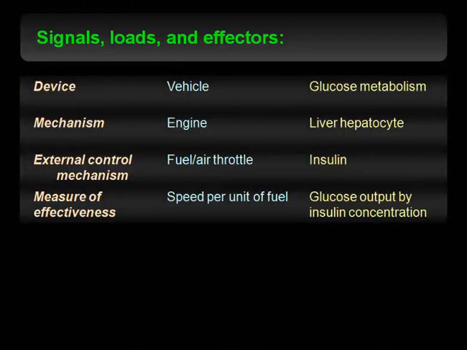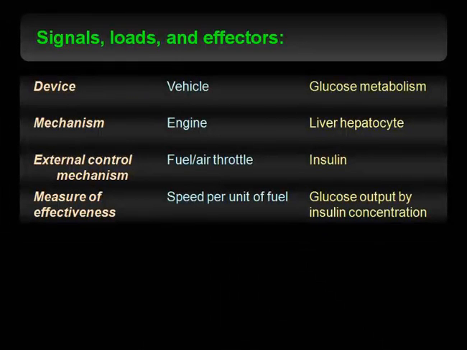And we can think of those as an analogy in terms of a vehicle, with the mechanism being the engine, the external control mechanism being the fuel or air throttle, the accelerator in English parlance, and the measure of effectiveness then the speed we get per unit of fuel. And that has direct parallels if we think of insulin as being similar to the throttle control on glucose metabolism.